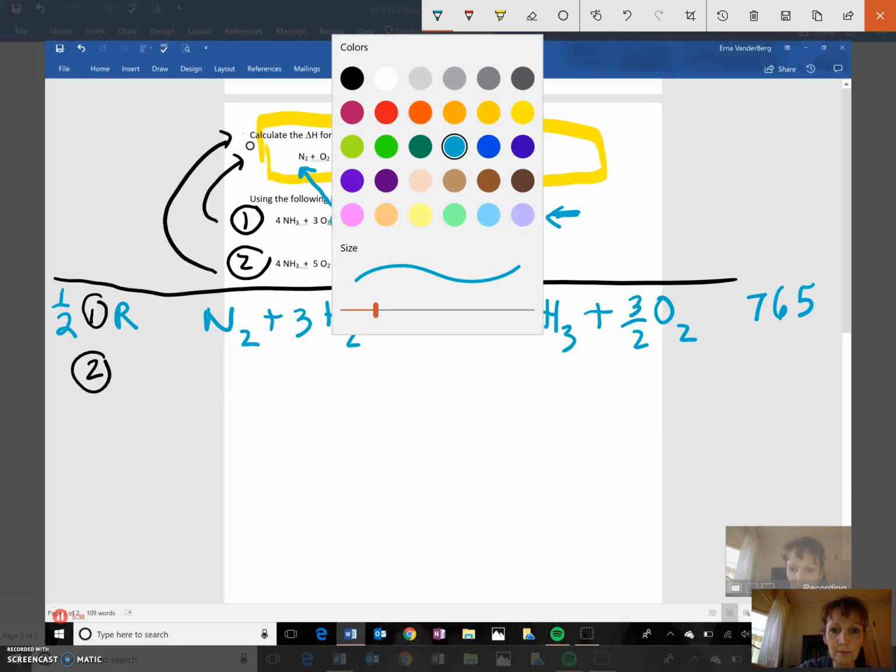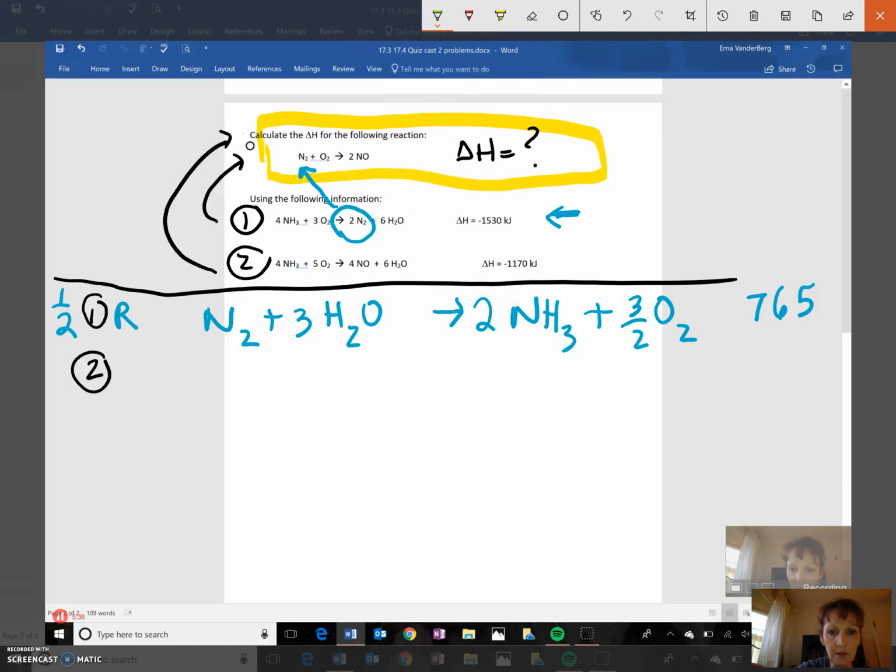Okay, we're almost there. Let's look at the other reaction. We're going to focus on this 4NO and compare it to this 2NO. NO is a product in both of these, but I need 2 instead of 4NO. So this equation, I don't have to reverse it. I do want to rewrite it, but I do want to divide all the coefficients by 2 or multiply them by 1/2.